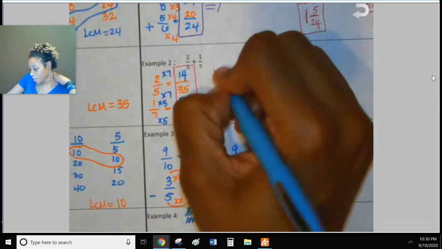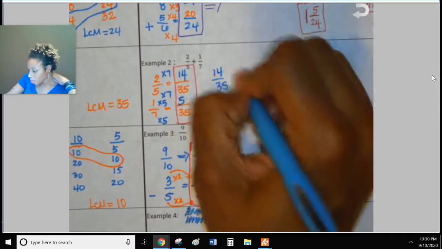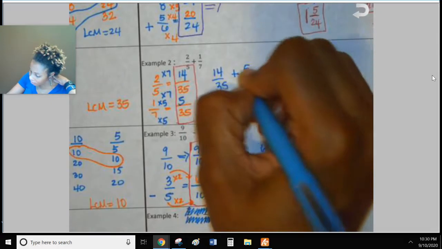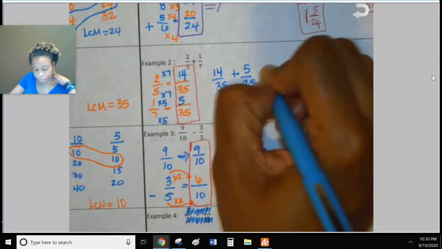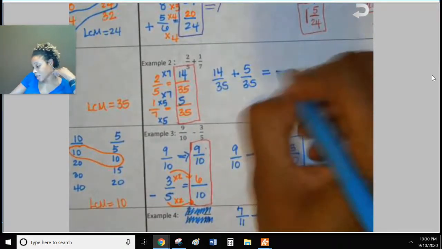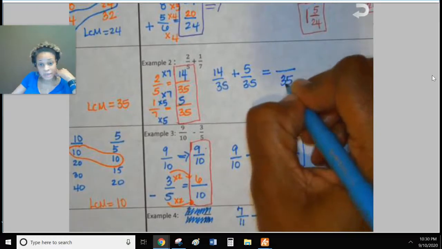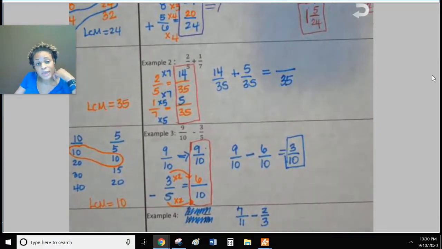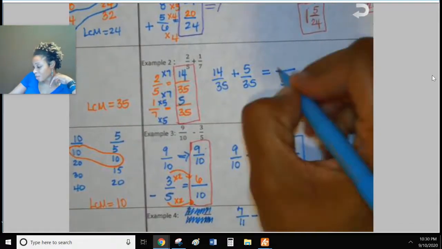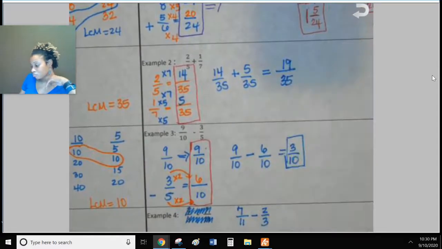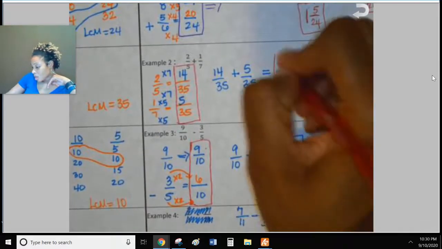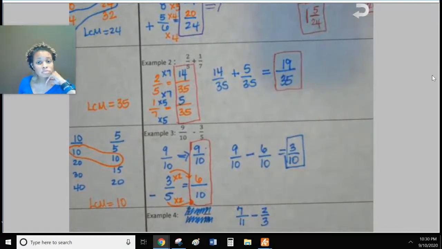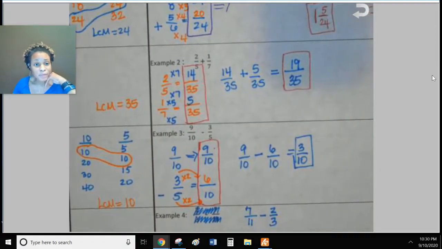So we will have 14/35 plus 5/35. Remember that my denominator stays the same. So I just need to add 14 plus 5. I will get 19. It can't be simplified. We're done. So hopefully you had 19/35.